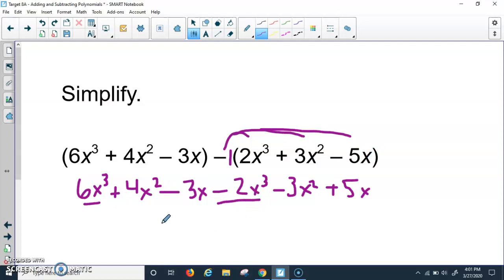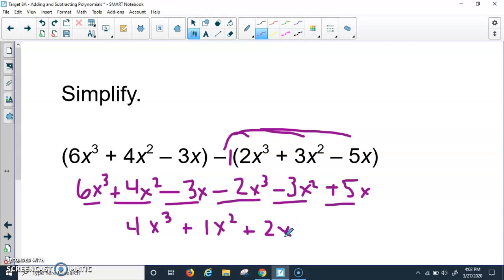Make sure you start with the one with the largest exponents first. 6x cubed minus 2x cubed is 4x cubed. And then 4x squared minus 3x squared is a positive 1x squared. And then finally, you have a negative 3x plus 5x, positive 2x.